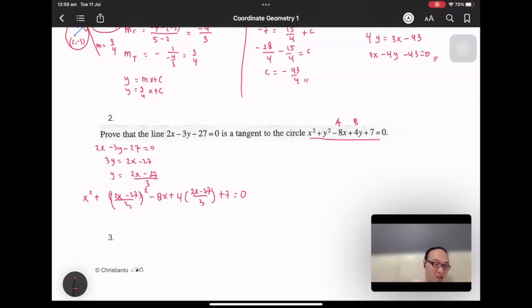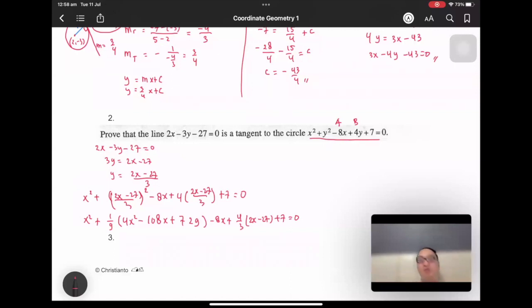And then I rearrange x squared plus, so this is 1 over 9 for x squared, minus 108x plus 27 squared, 729, minus 8x plus 4 over 3 times 2x minus 27, plus 7.